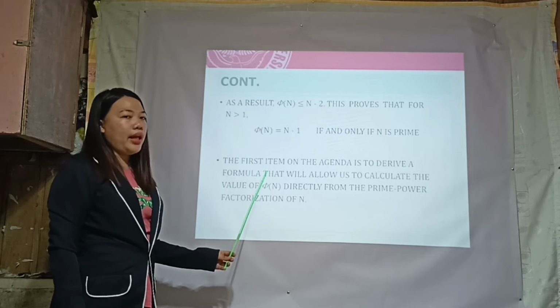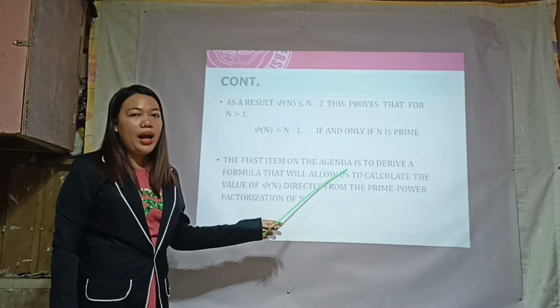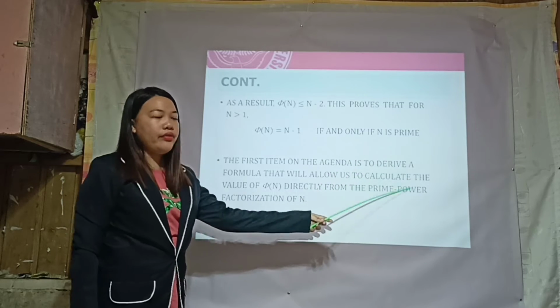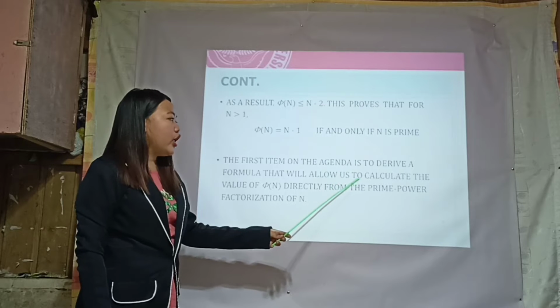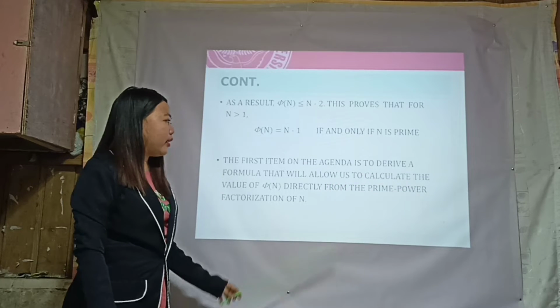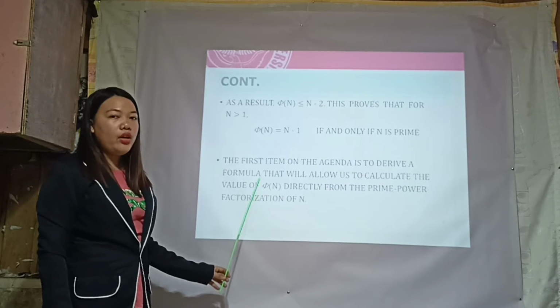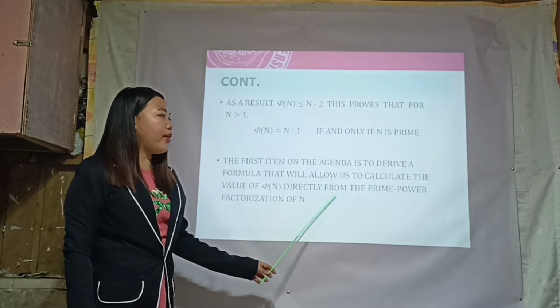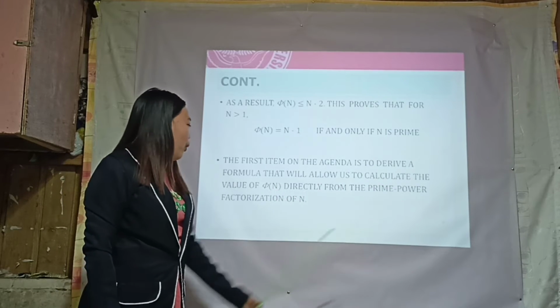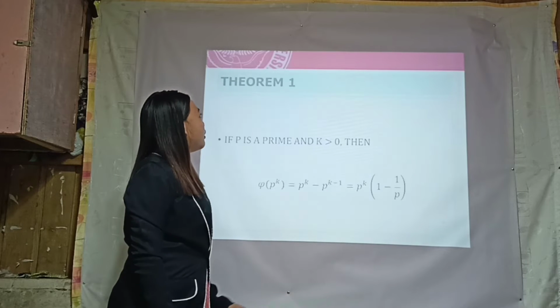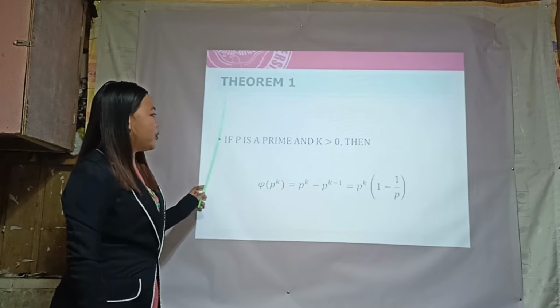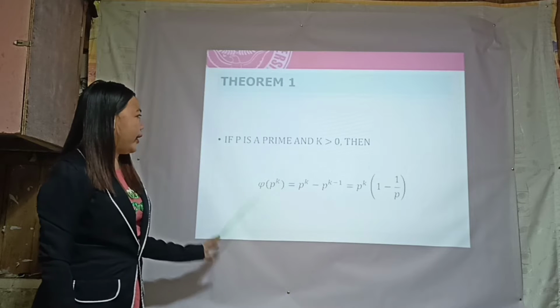The first item on the agenda is to derive a formula that will allow us to calculate the value of phi of n directly from the prime power factorization of n. So, this would be Theorem 1.